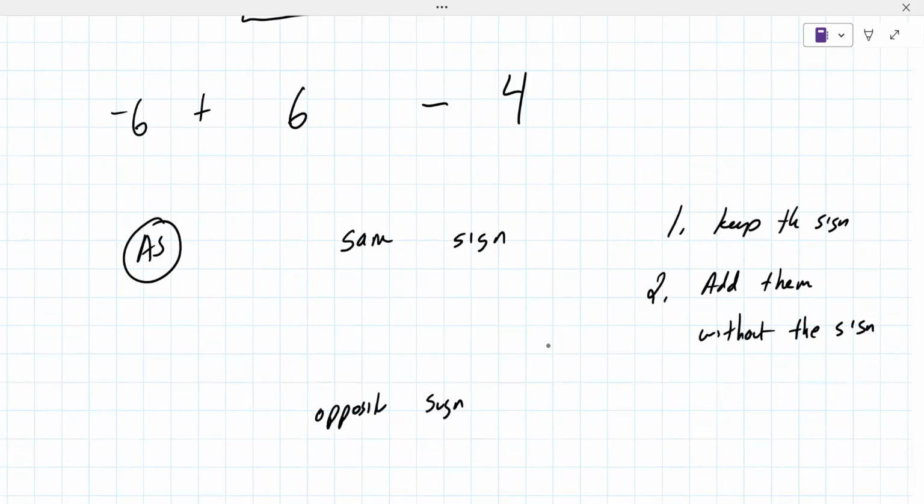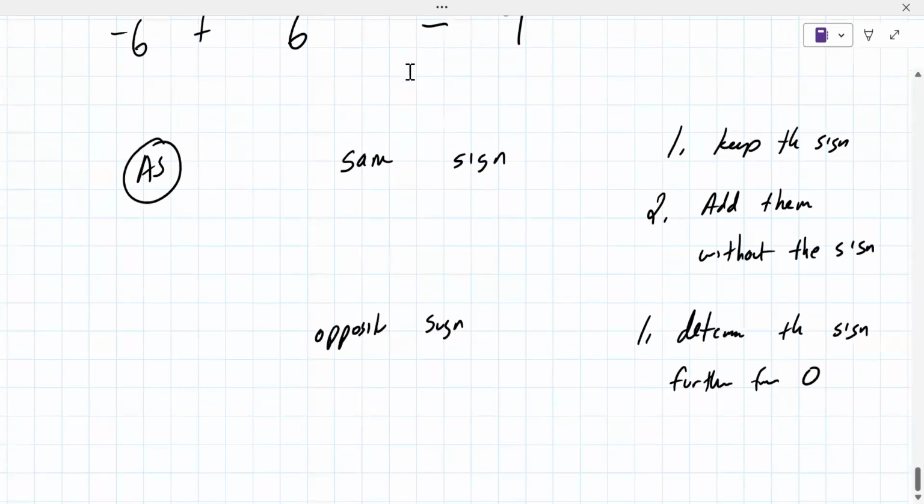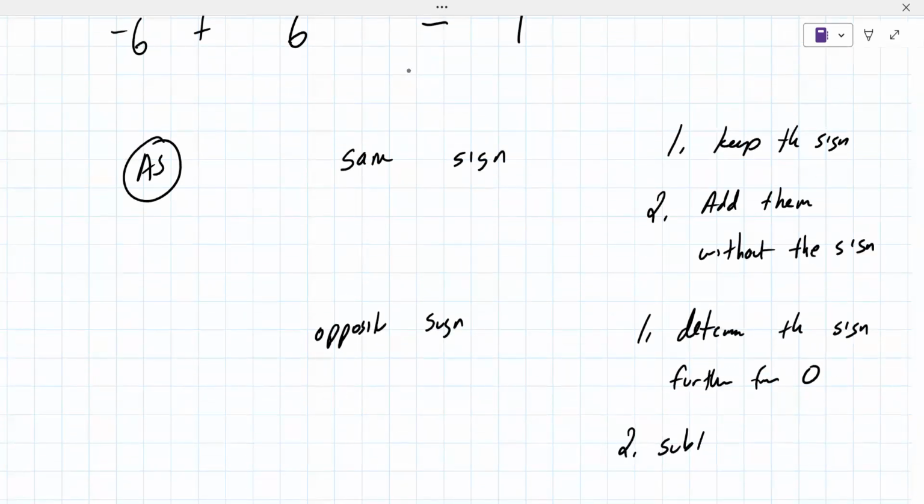This is the one we see more often, like this first one, -6 plus 6. First thing you do is you determine the sign. You determine the sign by determining which one is further from 0. Then you subtract, you take the larger minus the smaller without the sign.